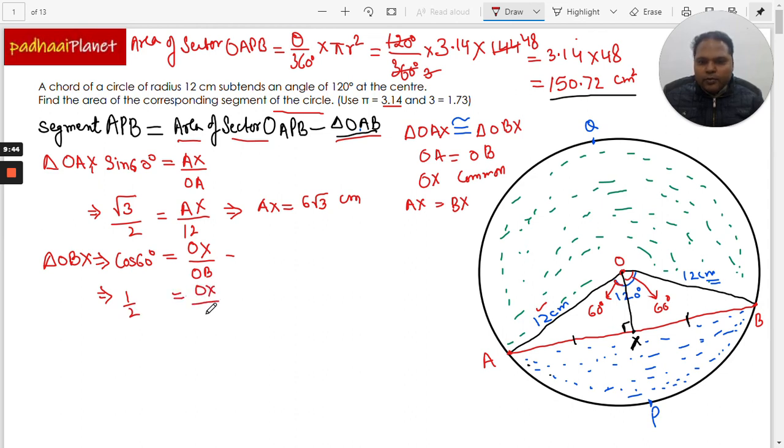OB is 12, we already know. So from here we can say that OX is equal to 6 centimeter.